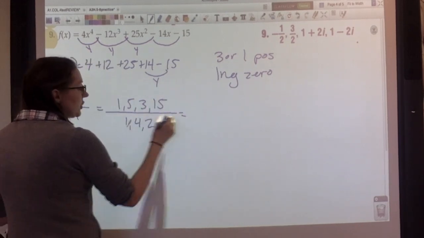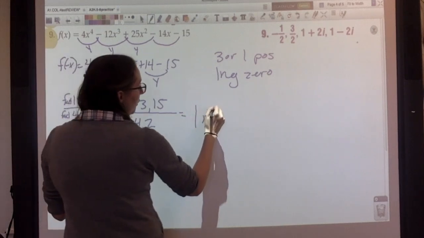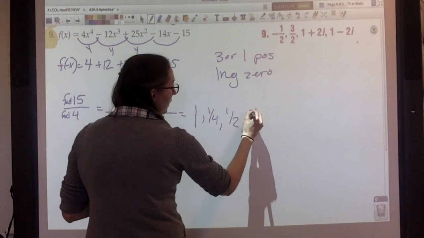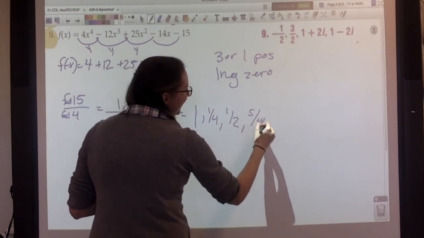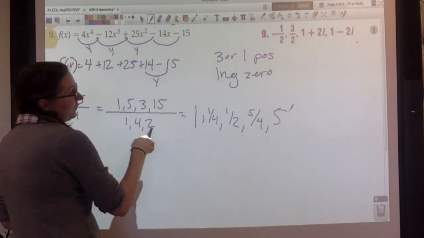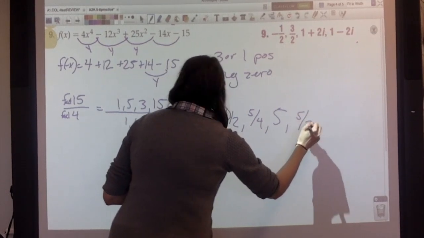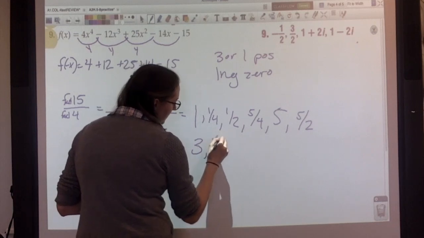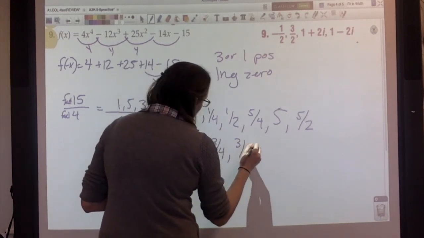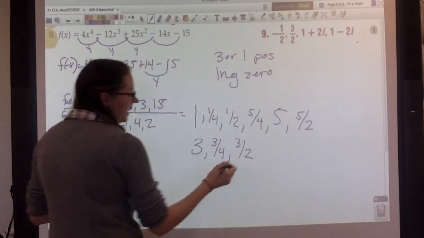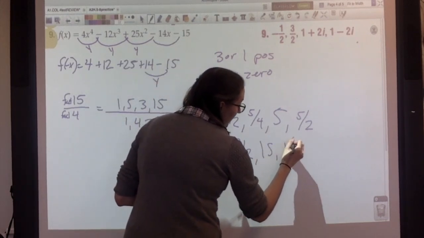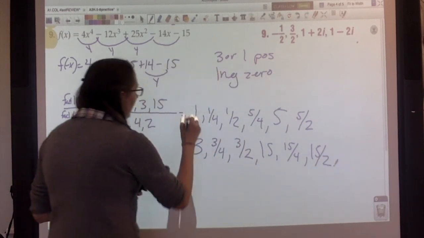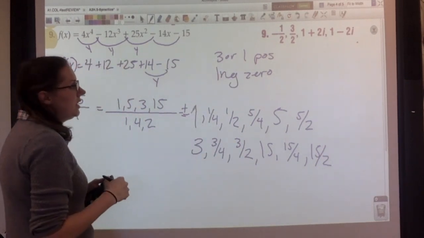So all those combinations are going to be 1, 1/4, 1/2, 5, 5/4, 5/2, 3, 3/4, 3/2, and 15, 15/4, 15/2. Okay, again, these are all pluses or minuses.